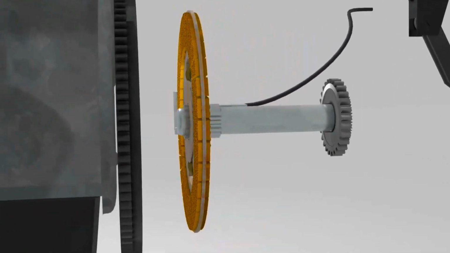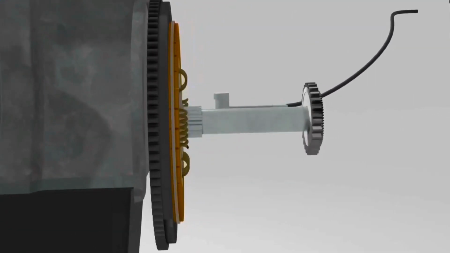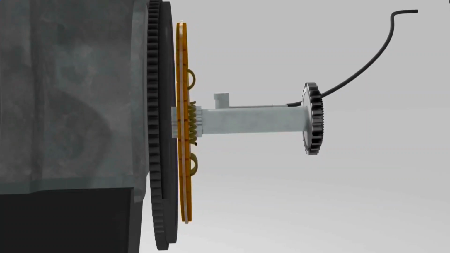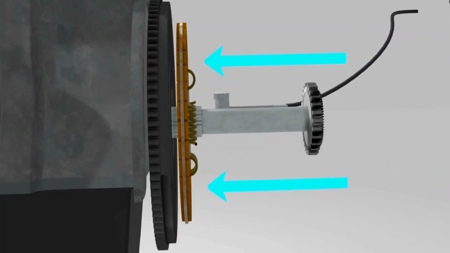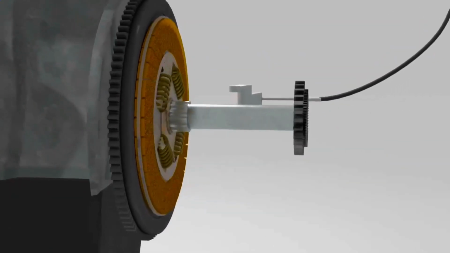This is the clutch disc friction medium, so that when it comes into contact with the flywheel, there is no spark or slippage. Now, in this position, the rotation of the flywheel is not transmitted. That's because there is a gap between the flywheel and the clutch disc. However, when we apply force to the clutch disc to the front, it will channel its rotation.